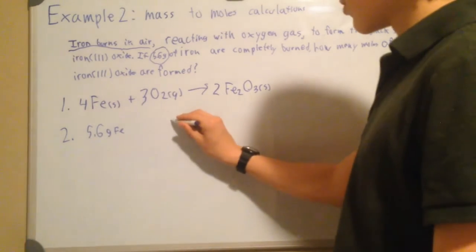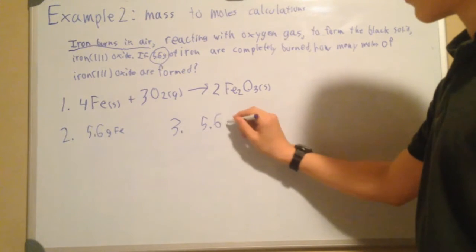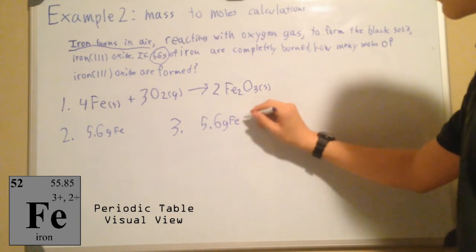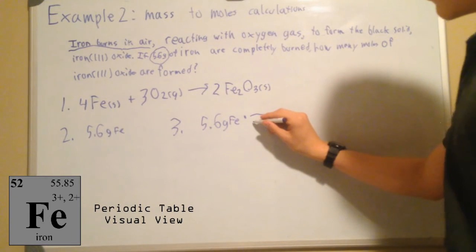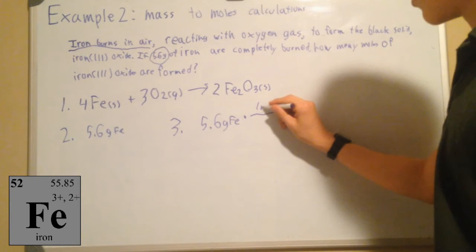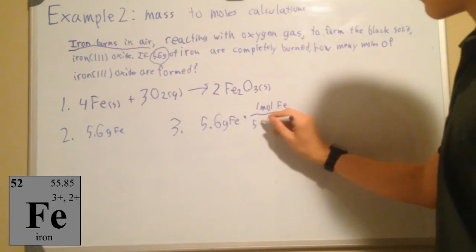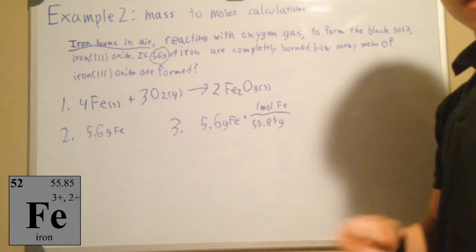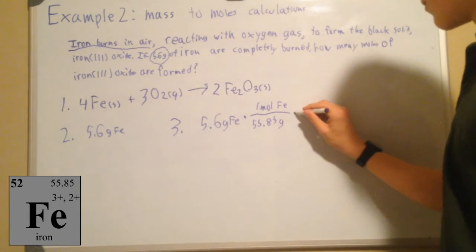Finally, we're going to move to step 3. Looking back to the problem, we see we are solving for moles of iron oxide that are formed. So we're going to use our given, 5.6 grams of iron, and solve for that. So to start, we put out our 5.6 grams. We're going to multiply by the molar mass ratio of iron, which is 1 mole is 55.85 grams, which you'll find on your periodic table.